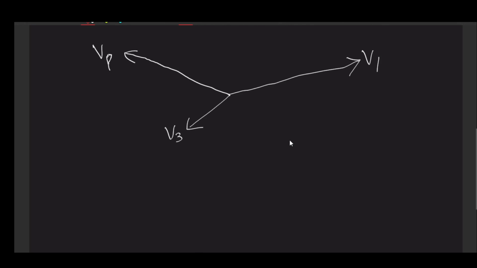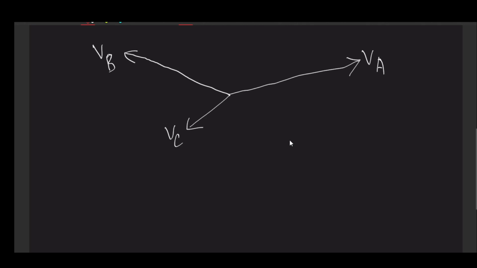You can also read it as VB, VC, VA. One thing is clear: here we are considering the voltage, and we are considering star connection.